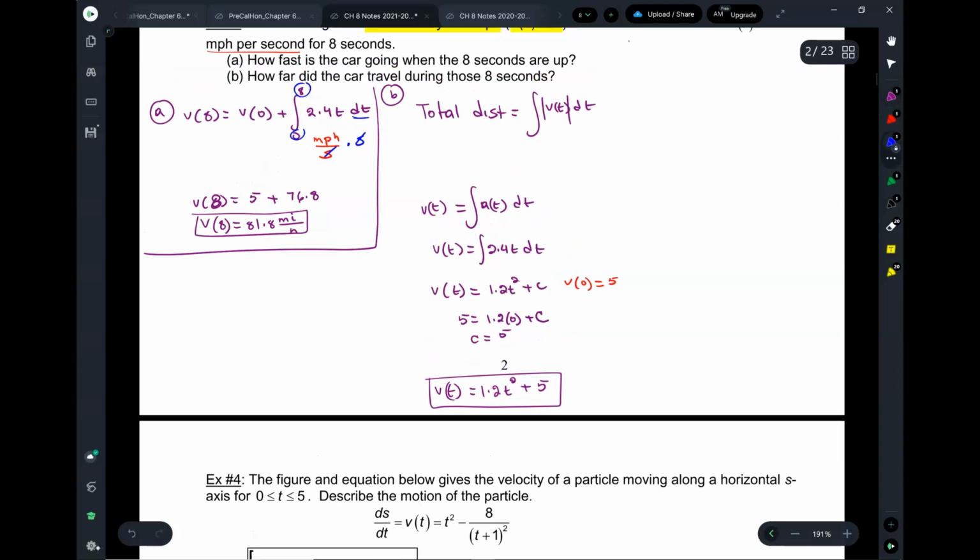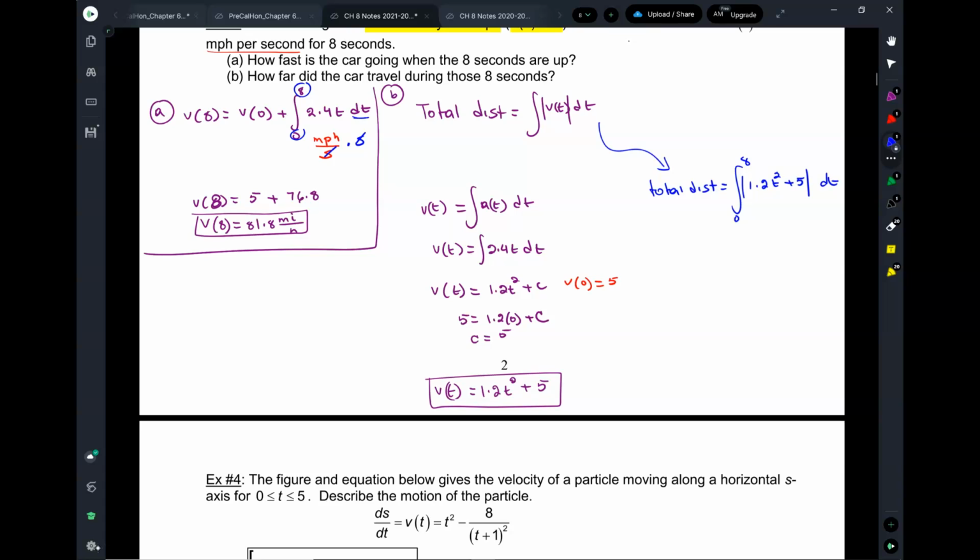So now I can find the total distance, because that's equal to the integral from 0 to 8 of 1.2 t squared plus 5 dt. How do you calculate that? Use your calculator.